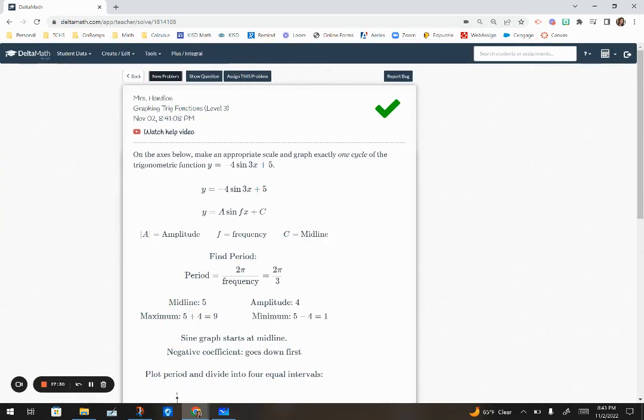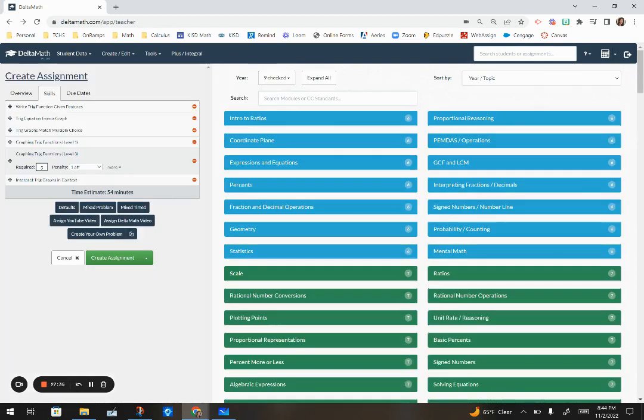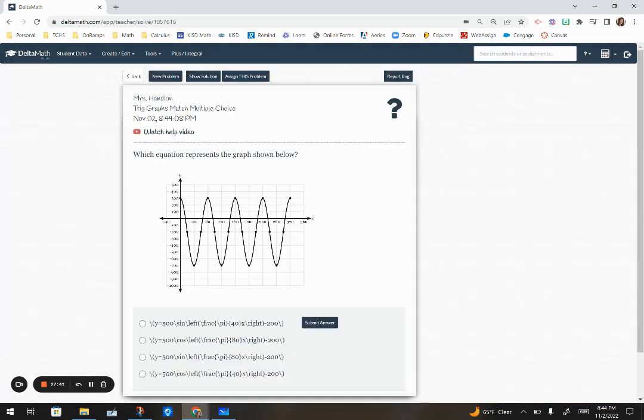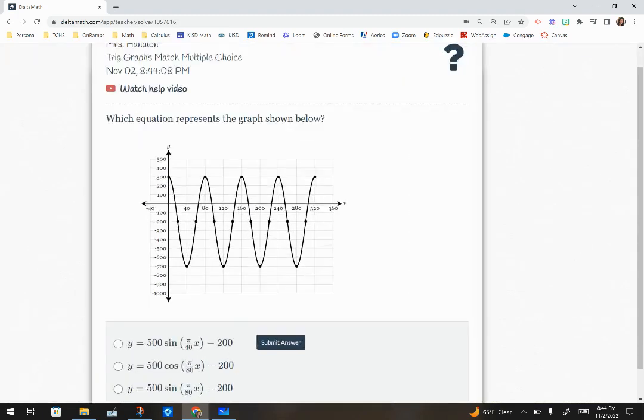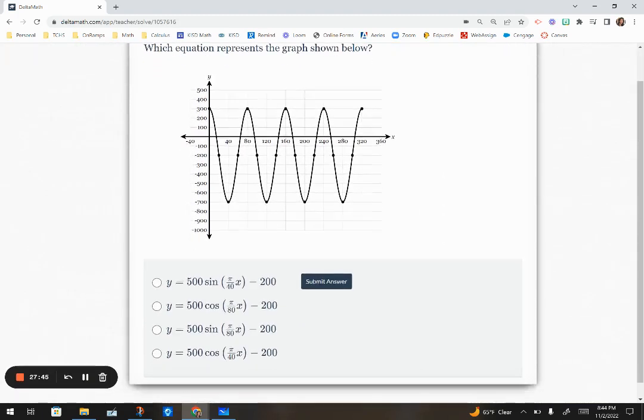So my friends, I hope that helps you understand this section. The other sections are kind of like just being able to read the graph and match the multiple choice. So it's pretty straightforward. Look for your midline here, which you can tell is going to be 200. Right?